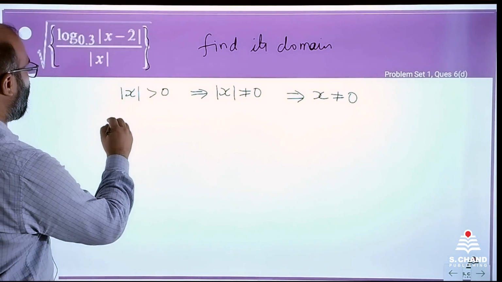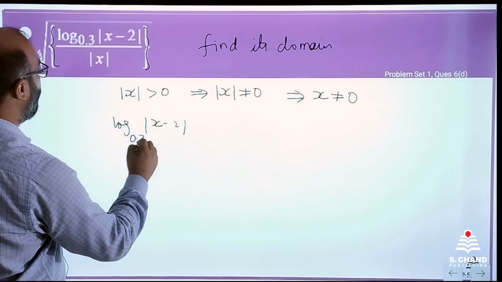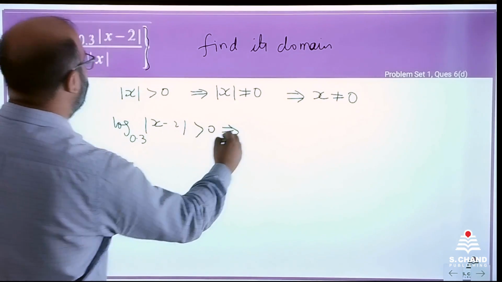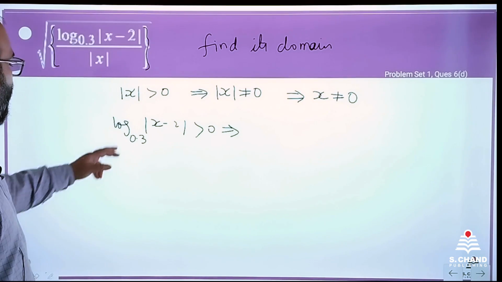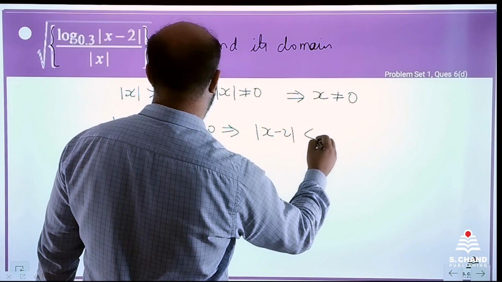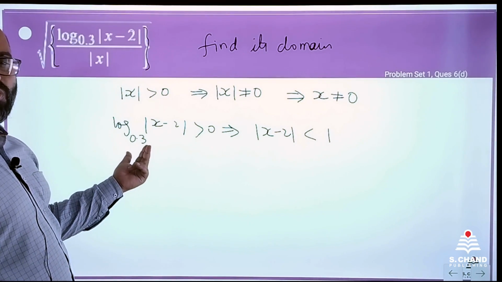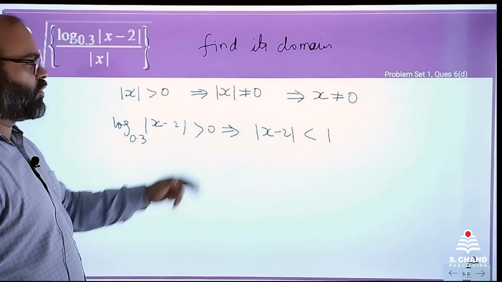Another thing is log of mod of x minus 2 to the base 0.3. This value also has to be positive because the ratio will have to be positive and denominator is already positive. Now this is greater than 0, which means mod of x minus 2 is less than 1. That is 0.3 to the power 0, and the base is 0.3, which is less than 1. So you will see that the inequality sign will change.